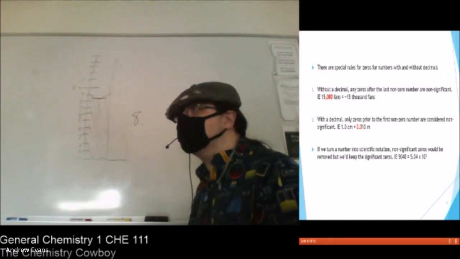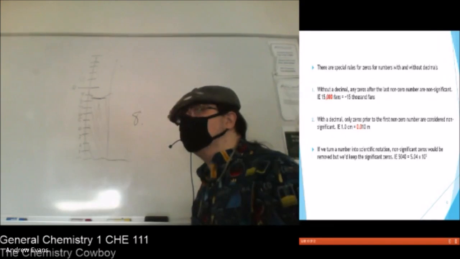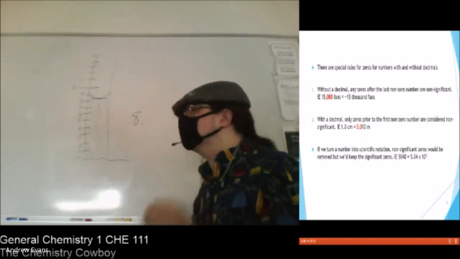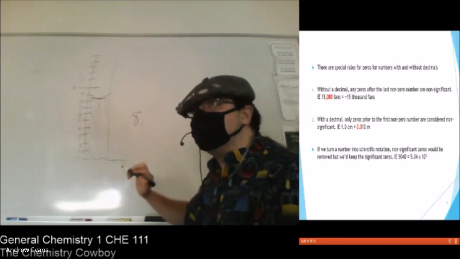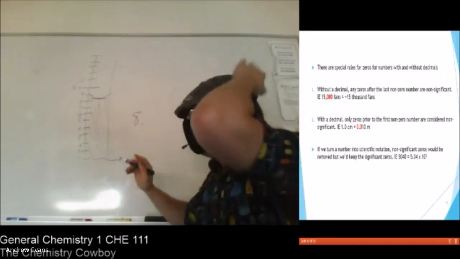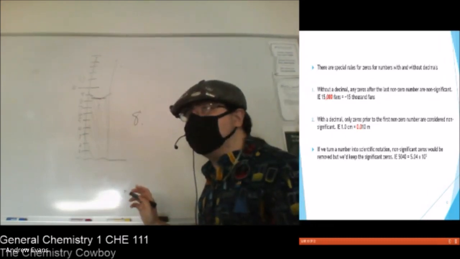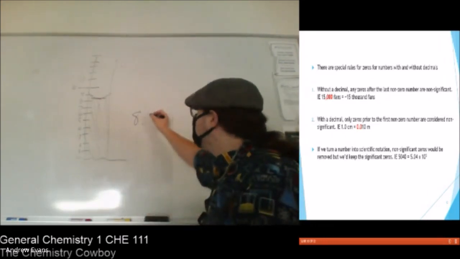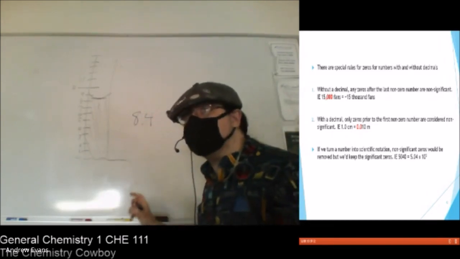And now here's where it gets a little tricky with uncertainty. You are going to use your best eyesight to measure how far that is. Is that exactly in the middle? A little below the middle? A little above the middle? Maybe you want to say that it's 8.4. And that's as far as you can record.